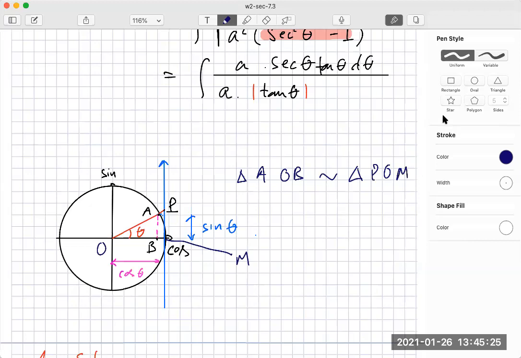Do you agree? They are both right triangles with the same angle theta, so they are similar. Therefore, the ratio tan theta, which is sine theta over cosine theta, is the same as AB over OB.